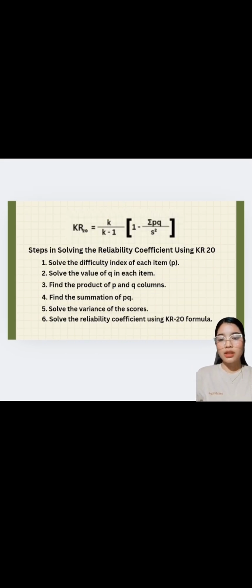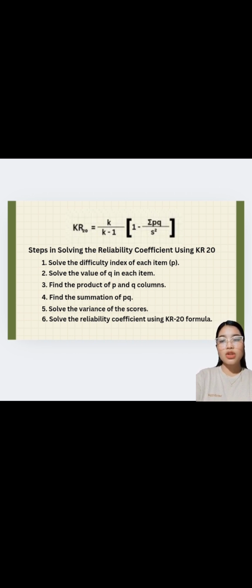Since Ms. Libico already tackled solving the reliability coefficient using the Pearson r formula, Spearman-Brown formula, and Kuder-Richardson 21 formula, now let's come to the Kuder-Richardson 20 formula. There are steps in solving the reliability coefficient using KR20.